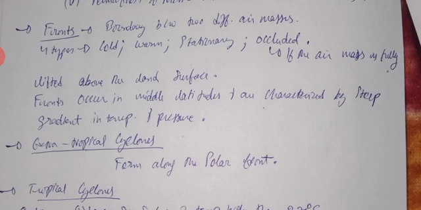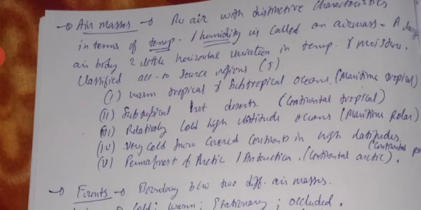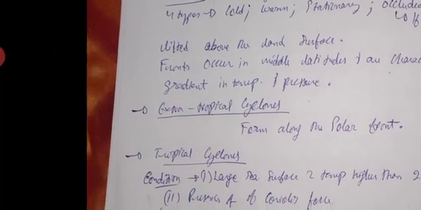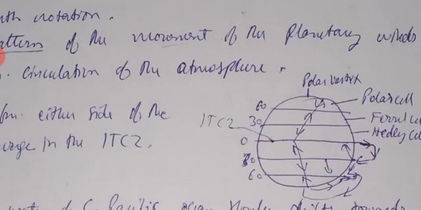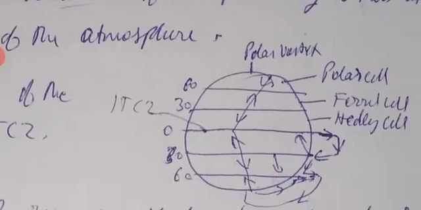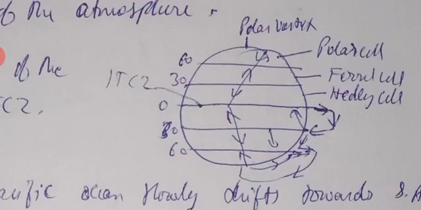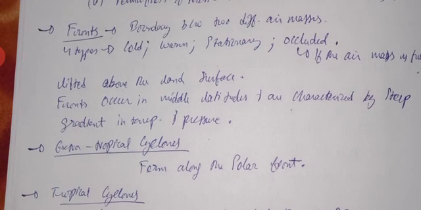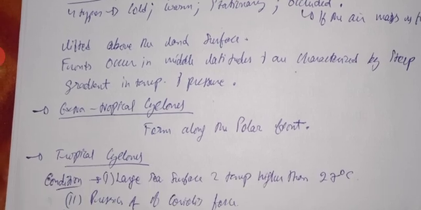Fronts occur in middle latitudes, which are between 30 degrees and 60 degrees north and south of the equator, and are characterized by a steep gradient in temperature and pressure.